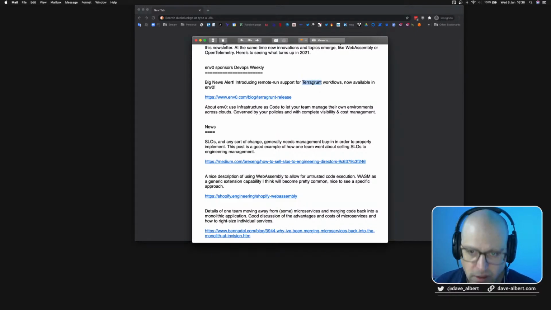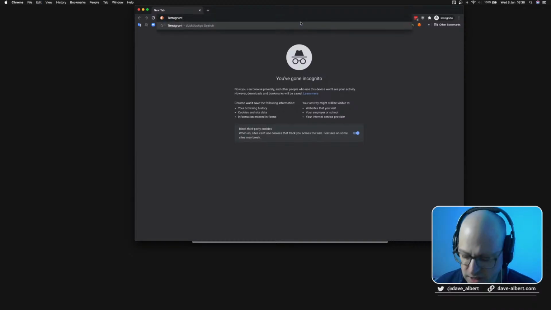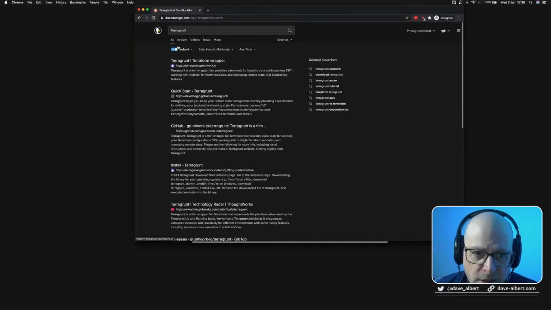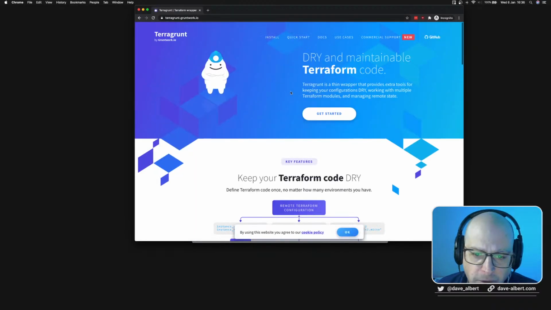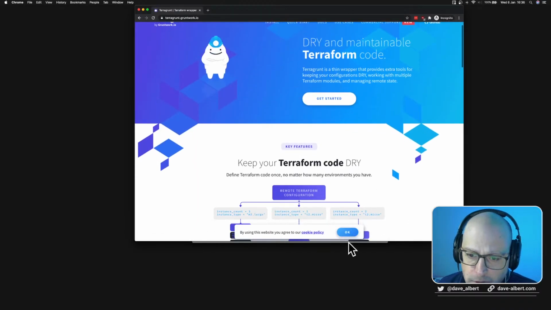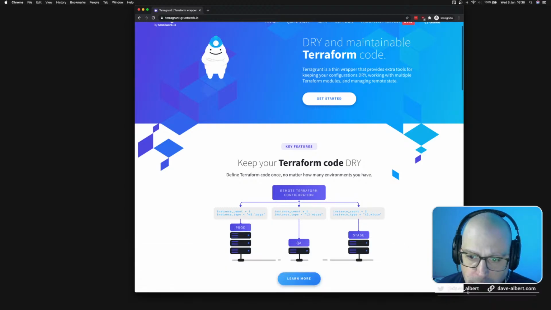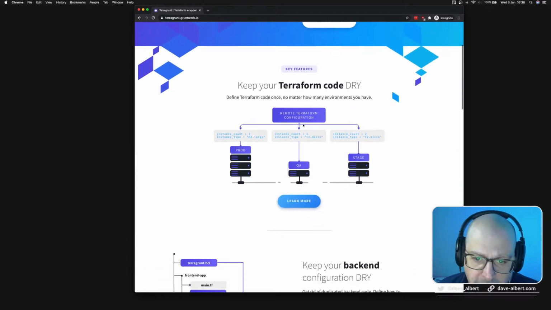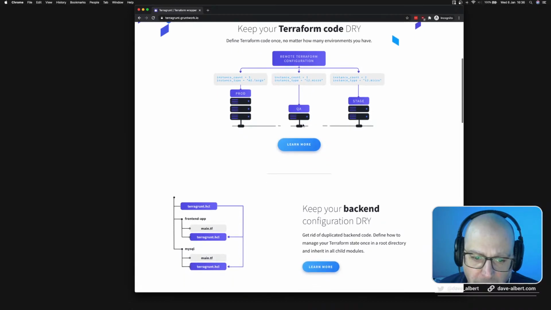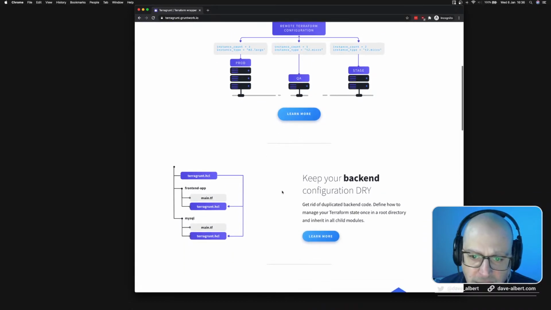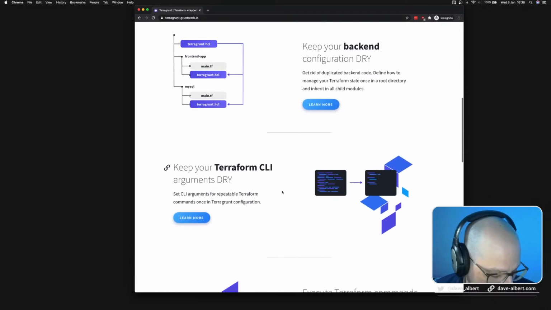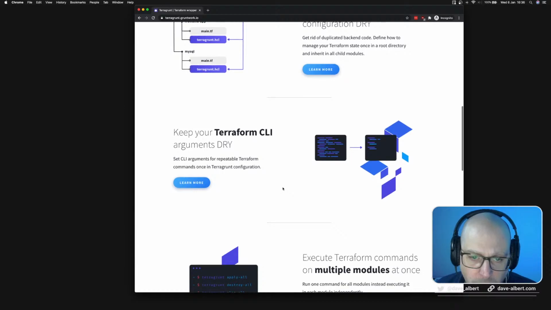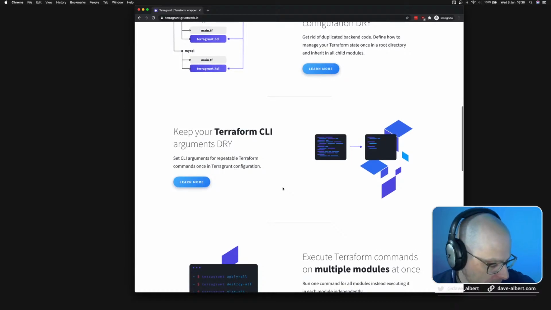Terra Grunt looks interesting. I haven't had a chance to use it yet, but it is a wrapper for Terraform. So instead of writing Terraform by hand, you write the HCL that Terra Grunt will process for you.